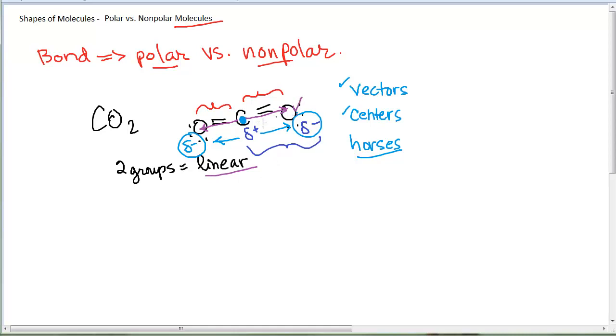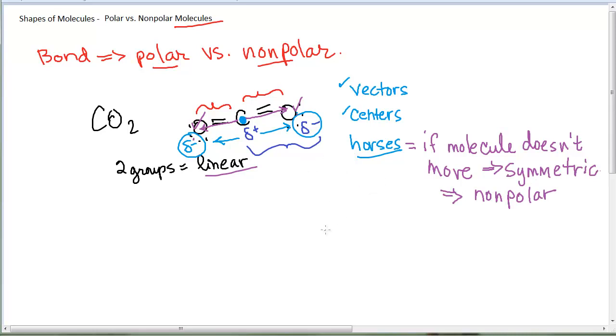And if my two oxygen horses are identical, they will pull with equal strength. You can relate this to their electronegativities, which means that the molecule stays stationary. If the molecule does not move, that means it is balanced, that means it is symmetric, that means it is nonpolar.